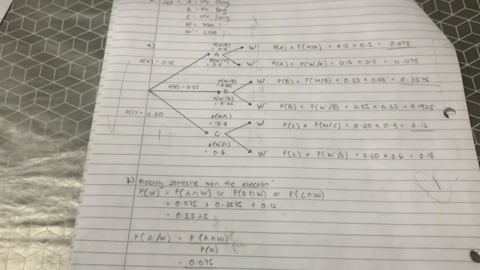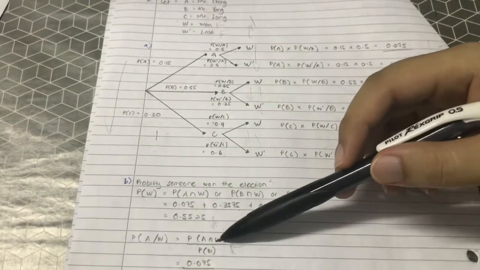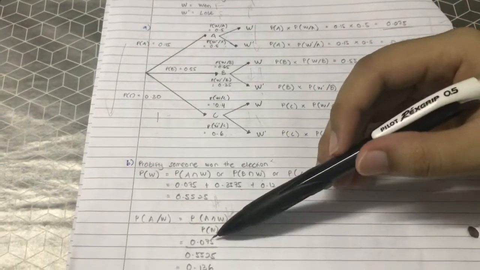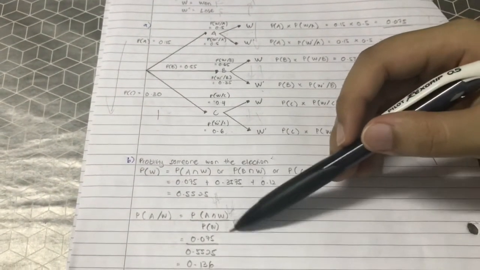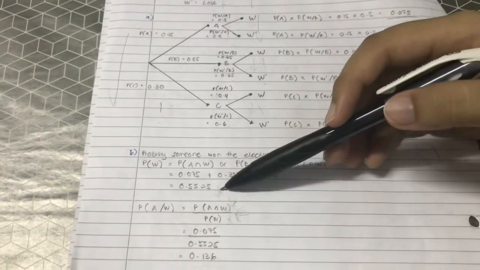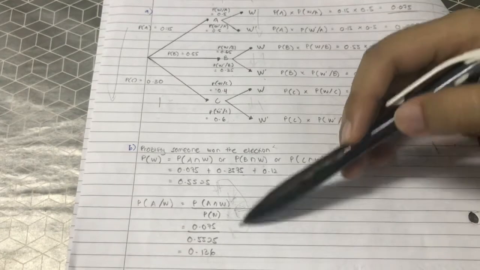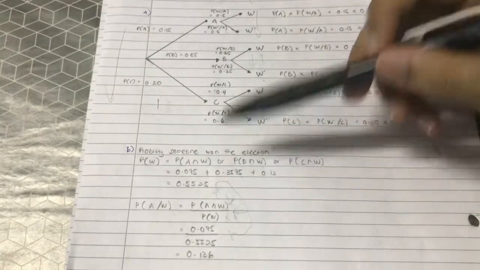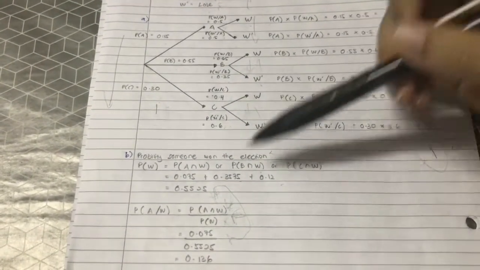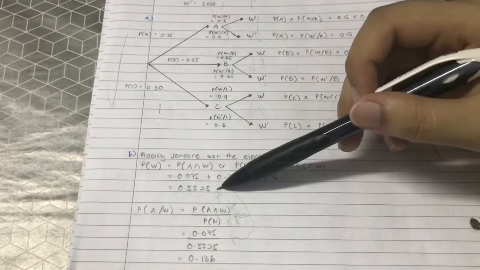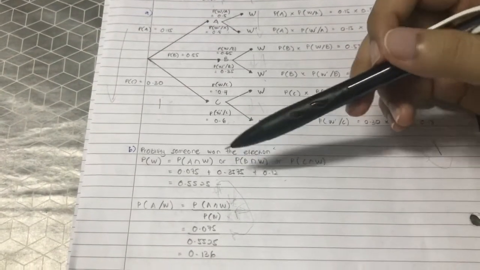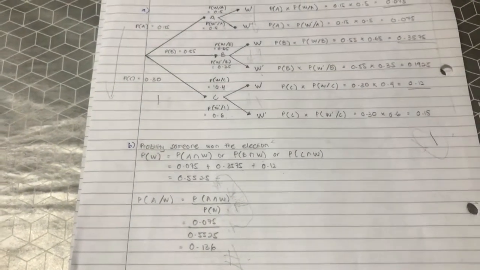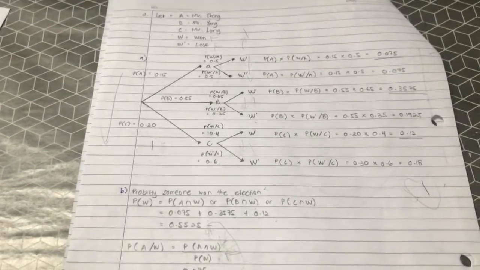So P of Mr. Chong win, AW, you got 0.05. For the bottom part, you take the number that you have found, 0.5525, and put it here. Just remember the upper one you find at the tree diagram, and the bottom one you take the answer from the previous step. Then you use your calculator and you will get the answer. So that is the final answer for the question 2 review question. That's all.